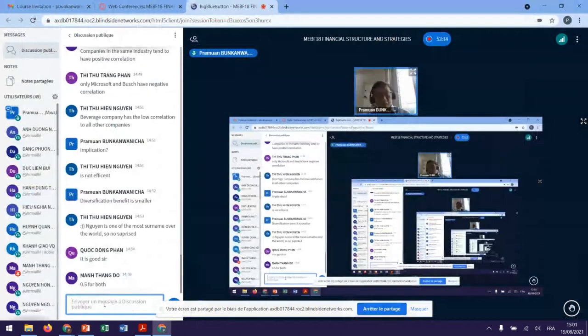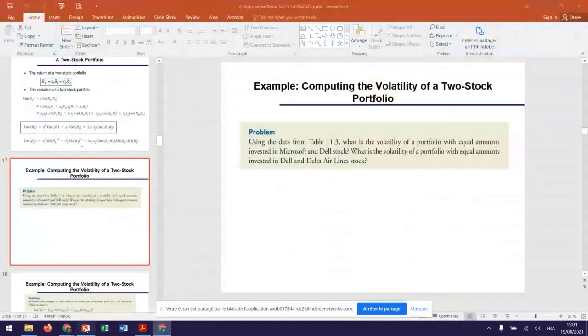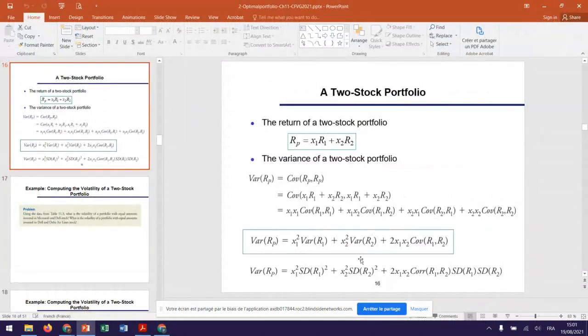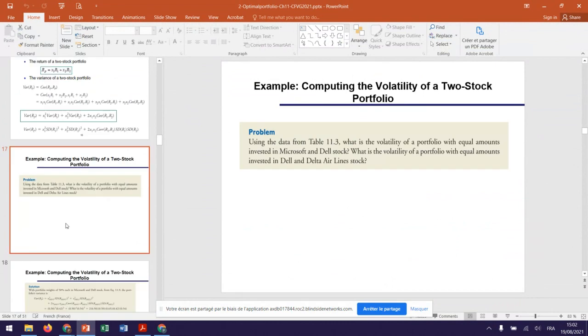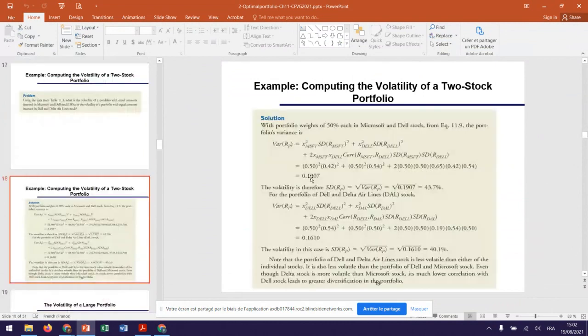Excellent. Once you have the 0.5, you can simply apply the formula. They don't give the data on the return, but they ask to calculate the volatility. So you can simply use the formula of the variance: X1 square standard deviation R1 square plus X2 square multiplied by standard deviation R2 square plus 2X1X2 correlation R1R2 multiplied by the standard deviations.